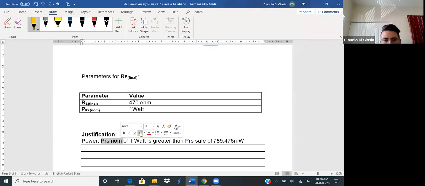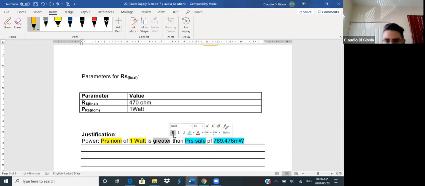Comparing the spec sheet value of 1 watt to the calculated value of 789 milliwatt.